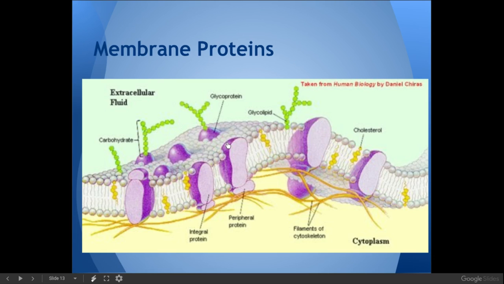Again, this is what a typical lipid bilayer with added proteins would look like. Make sure we have a pretty good understanding of what the cell membrane looks like so that we can continue with our explanation of the cell membrane in the next video.